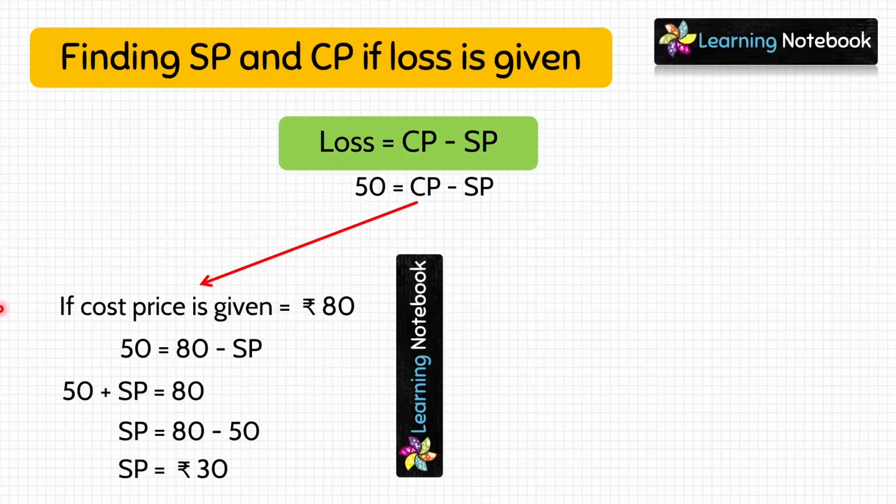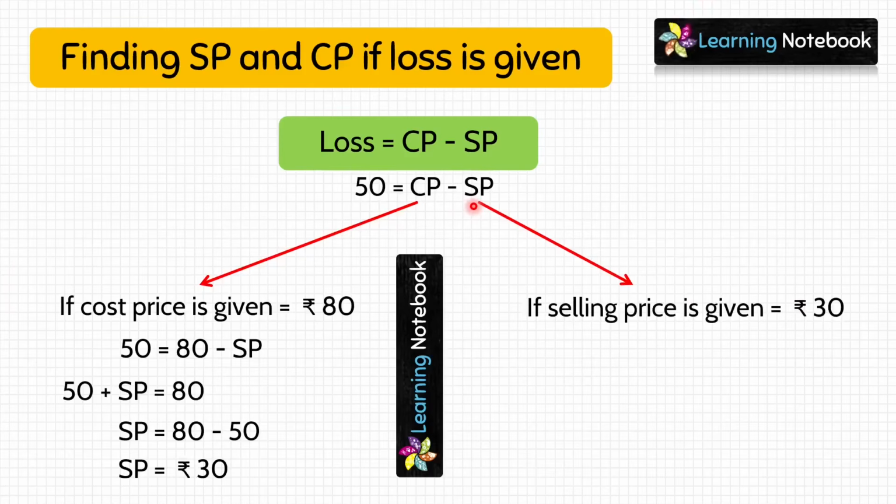Now let's see the scenario if selling price is given as rupees 30. So here we are given SP as rupees 30 and loss as rupees 50. And we have to calculate the cost price. So let's put these values here and we get 50 equals to CP minus 30. Now students, to calculate the cost price, we will shift 30 to the left hand side.